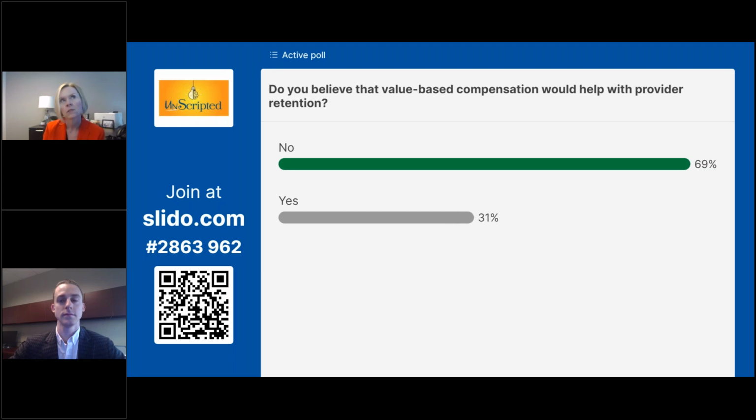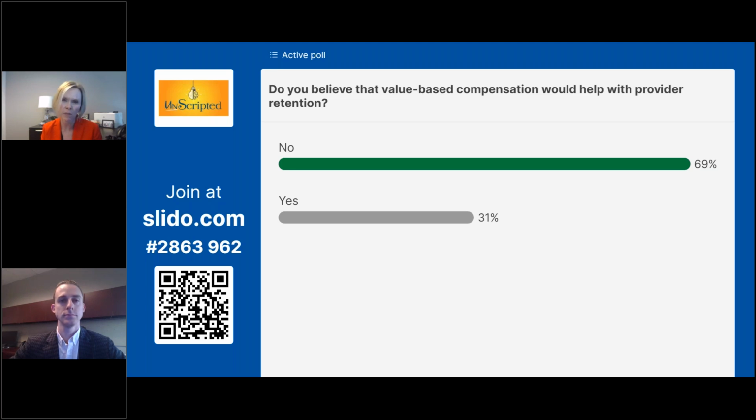And here's why. Of course, we all know that there's a lot in writing and we hear in the industry about burnout, physician burnout, and of course, supply and demand issues. With a proper value-based compensation strategy that focuses more on outcomes rather than volume and procedures, could an argument be made that a properly designed value-based compensation strategy helps an organization retain physicians through that feeling that, again, the physicians are a part of something bigger?